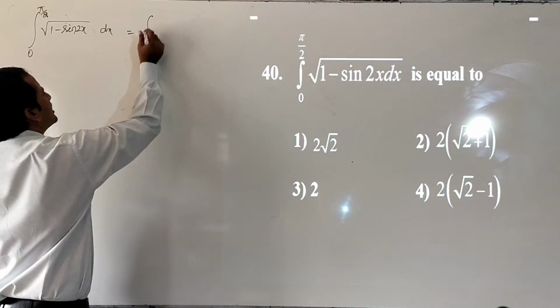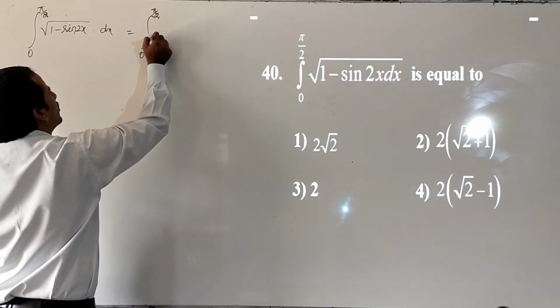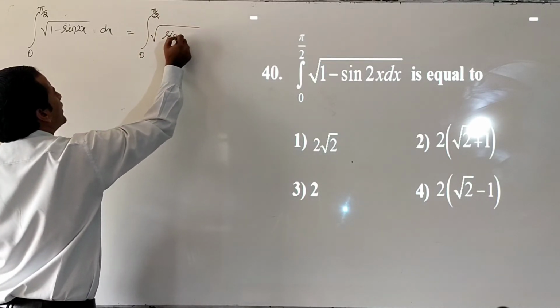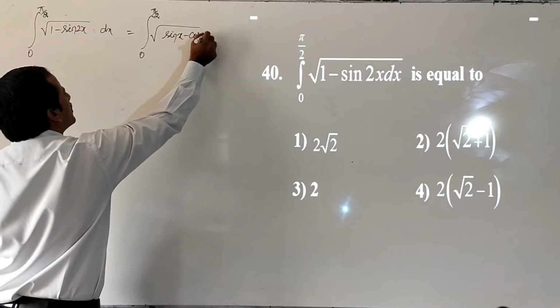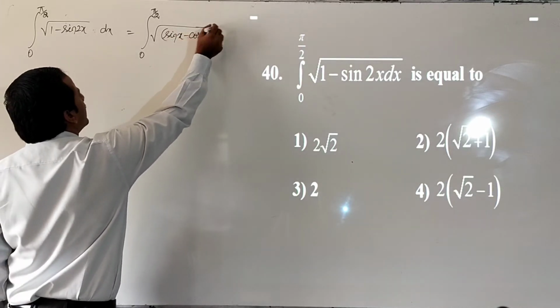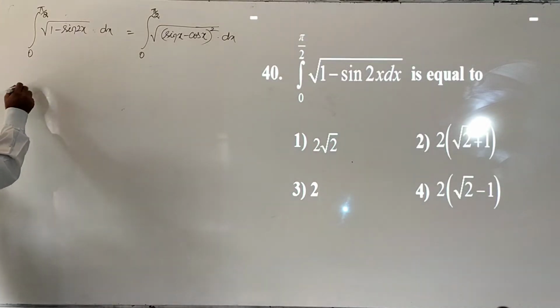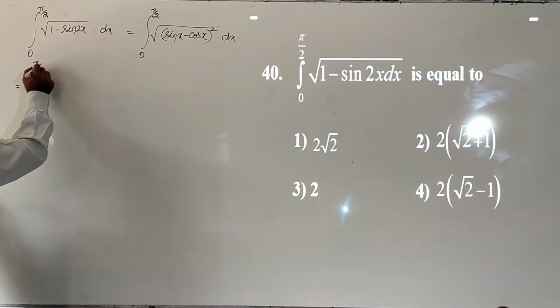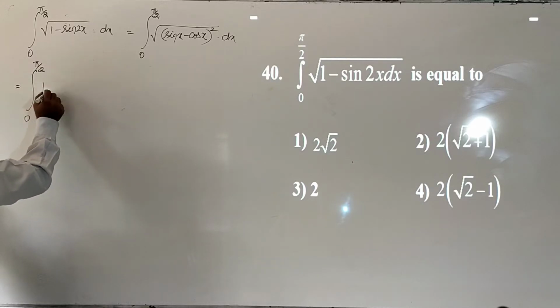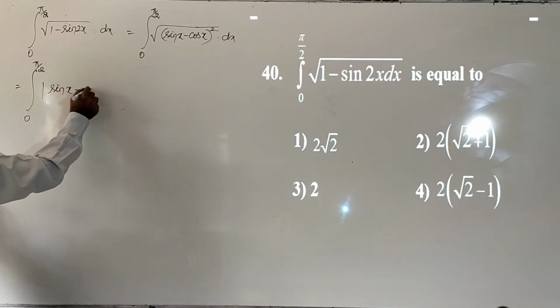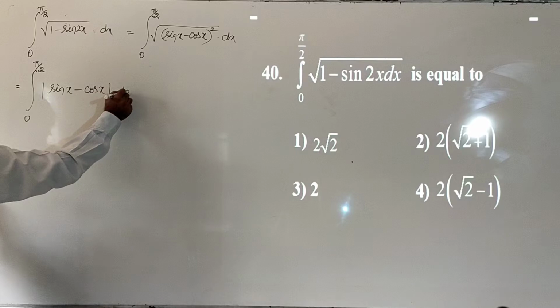Then you can write this as integral 0 to pi by 2 square root of (sin x minus cos x) whole square dx. Square root of (sin x minus cos x) whole square will be equal to modulus of sin x minus cos x.